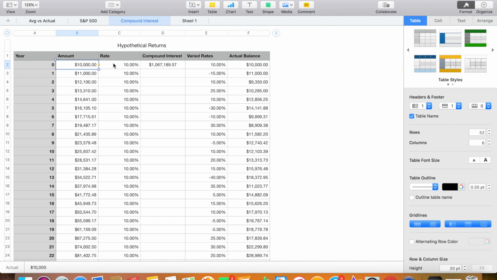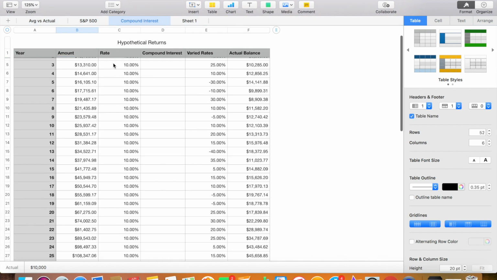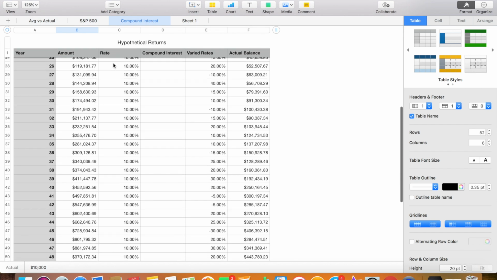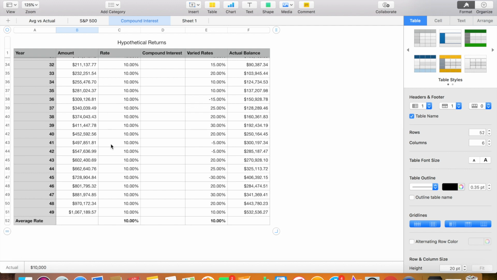I'm just going to round it to 10%. So if you got an average of 10% over, what was it? It was like 49 years or so. Yeah, after 49 years, you hit the $1 million mark. So it's going to be between year 48 and 49 that you hit $1 million with an average return of 10%.